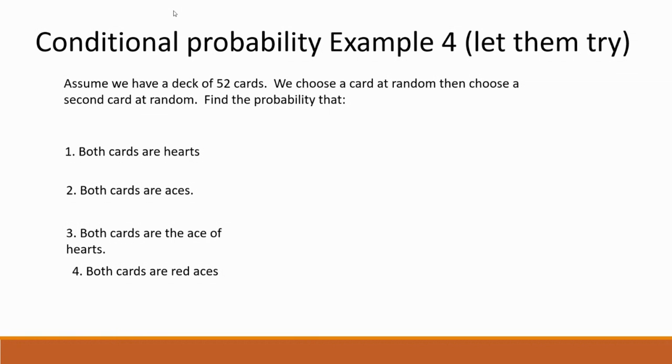So you could probably guess that the two events, choosing a card and then choosing a second card, are not independent. Right away you should be able to see that because for the second card, there's one less card in the entire deck. Not 52 cards anymore, it's 51.